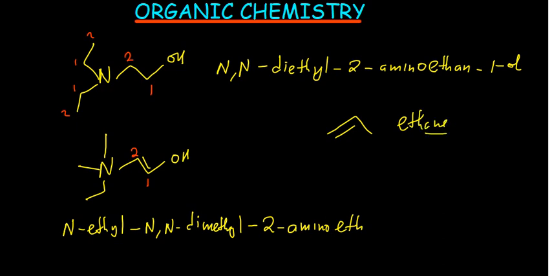You drop the ane, so it becomes eth, and then state the position of the double bond, that is 1, and then put n. So that is how we are going to name also. So that will be eth, and then at position number 1 we have got a double bond. So 1 and then n.